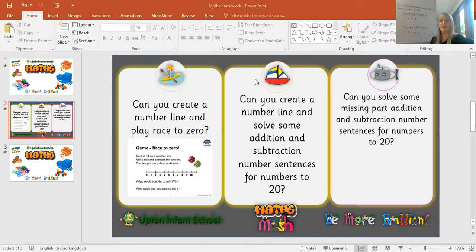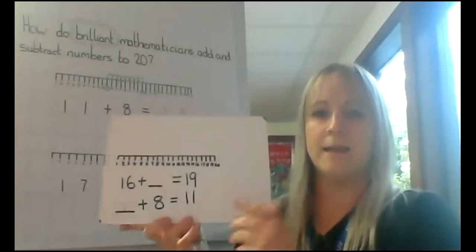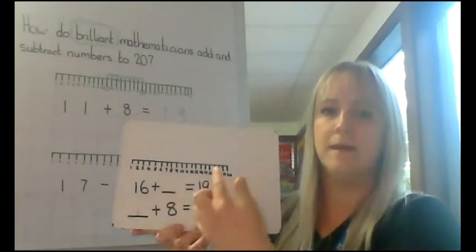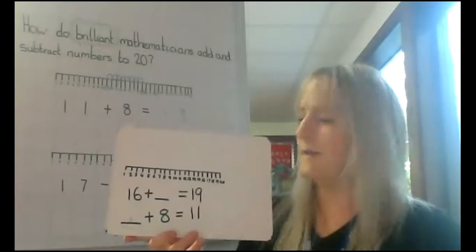If you would like a bit of a deeper challenge, you could have a go at completing some missing part number sentences for addition and subtraction. I'm now going to flick you over to show you how you would solve these. So here I have my whiteboard, and as you can see, I've wrote a number sentence. 16 adds something makes 19, but I don't know what that missing number is.